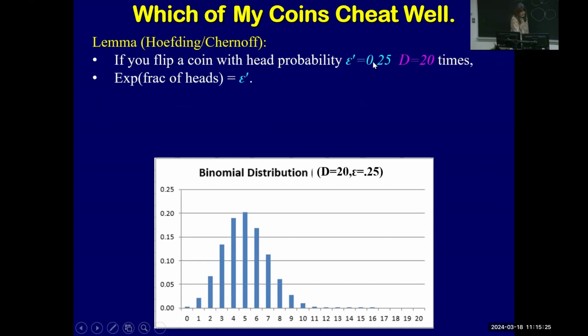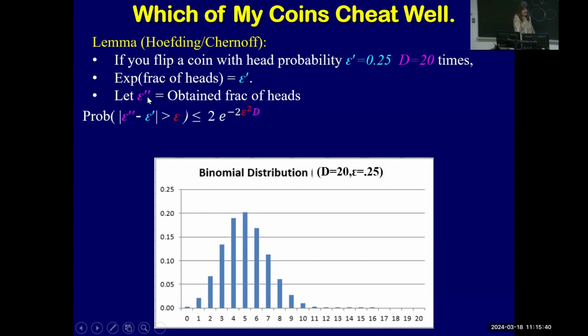So instead, we come up with a new method where we say this is the expected fraction of heads, and this is the fraction that we obtained. We want to simply ask what's the probability that we deviate by some red amount.